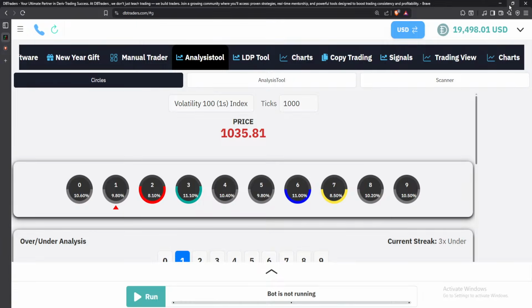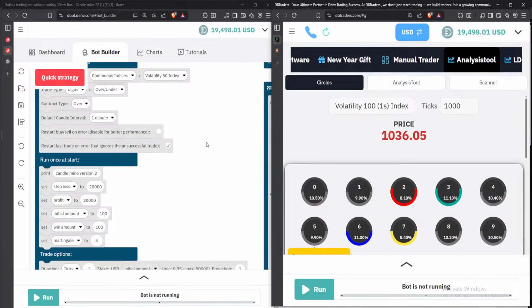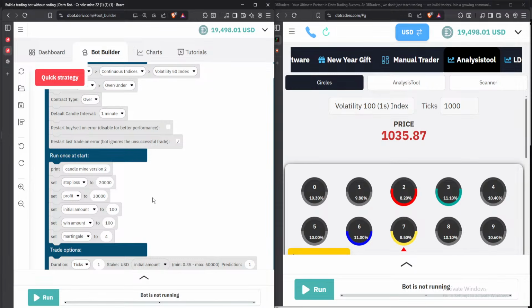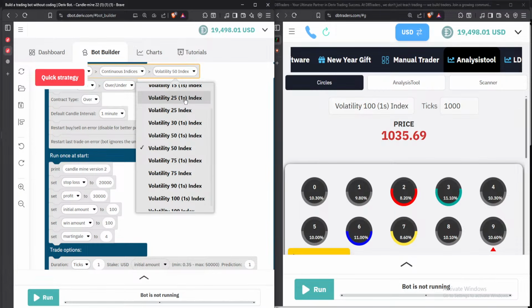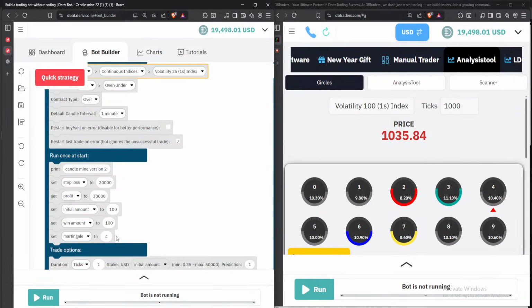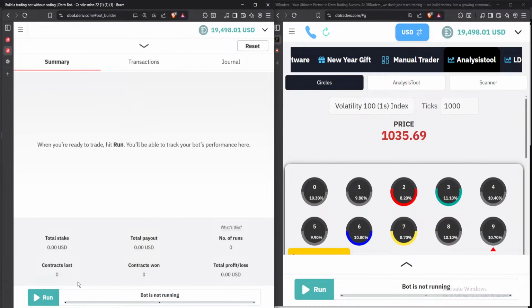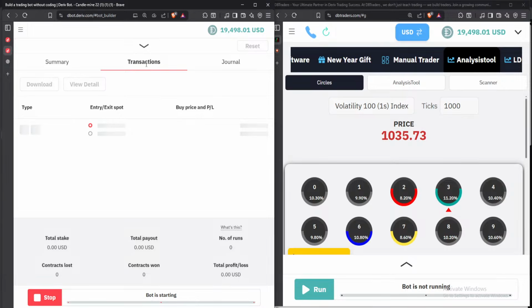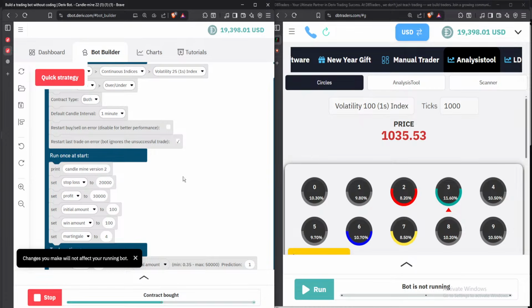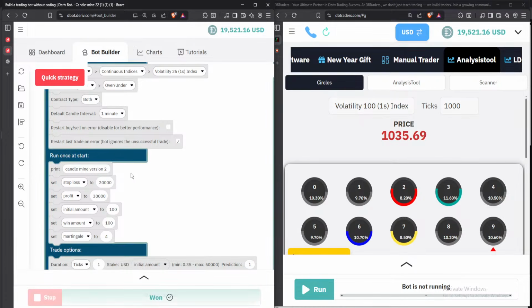Let me show you something. As you can see, this is my demo account. That is why I usually like the demo, to test out various theories. I've not even analyzed, but I want to test out a theory. I'll put a Martingale of 4, and I want to see if my bot will have a loss, so that at least I can see if it will recover. I've not done any analysis. I just want the bot to undergo a loss so that I see if it will be able to recover with a Martingale of 4 or 5, because I've seen that a Martingale of 3 or 4 is not fully recovering everything.